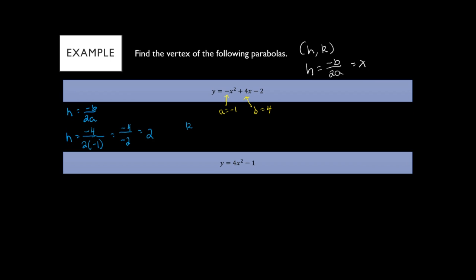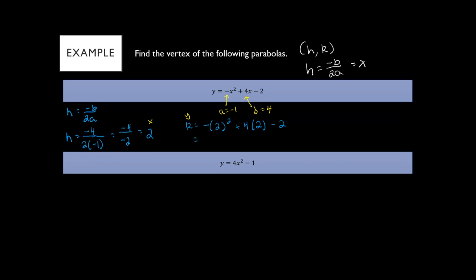Now to find k, you plug that into your equation. So we've got negative x squared, and that's going to be negative 2 squared plus 4 times 2 minus 2. Since that h is essentially an x value, we plug it in, and then that will give us k, which is a y value.